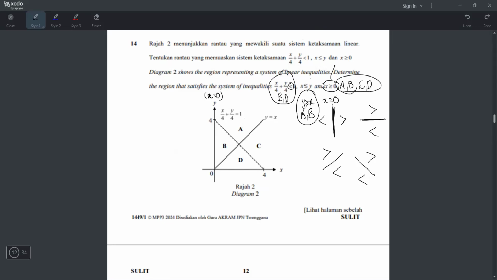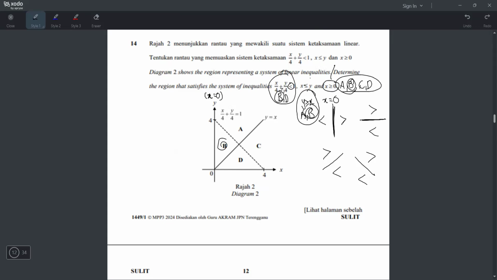So now tell me which one is the answer. The one that overlaps. Because they ask you to determine the region that satisfies all three inequalities. So the region that satisfies all three is the region that overlaps. Which answer has all three? B, right? B is the overlap region between all these three. So B is the answer. D cannot because D is not in here, right?